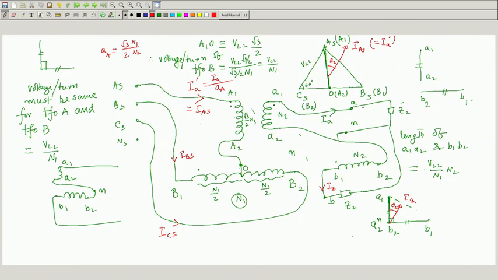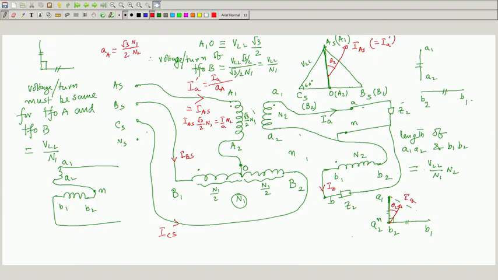Here also I could do like this, I A S will be such that, see this I have followed, but I could write it like this: the value of I A S I could calculate, the MMF produced by primary root 3 by 2 into N 1 must be equal to I A into N 2.